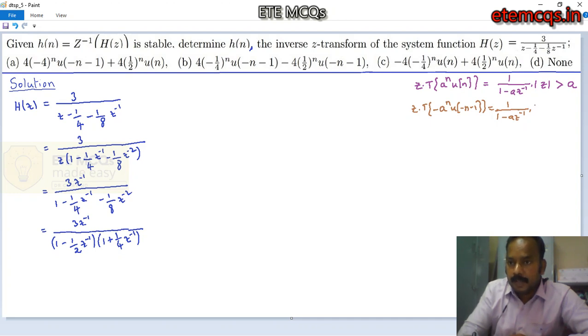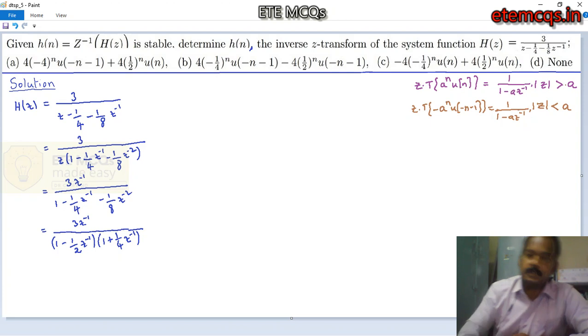There comes the importance of this region of convergence. Modulus of z, the respective pole is again a. Since this transformation corresponds to a left-sided sequence, you just put a less than sign. If this corresponds to a right-sided sequence, you should put a greater than sign. Both the transformations are one and the same, but they are strictly differentiated based on their time domain sequence.